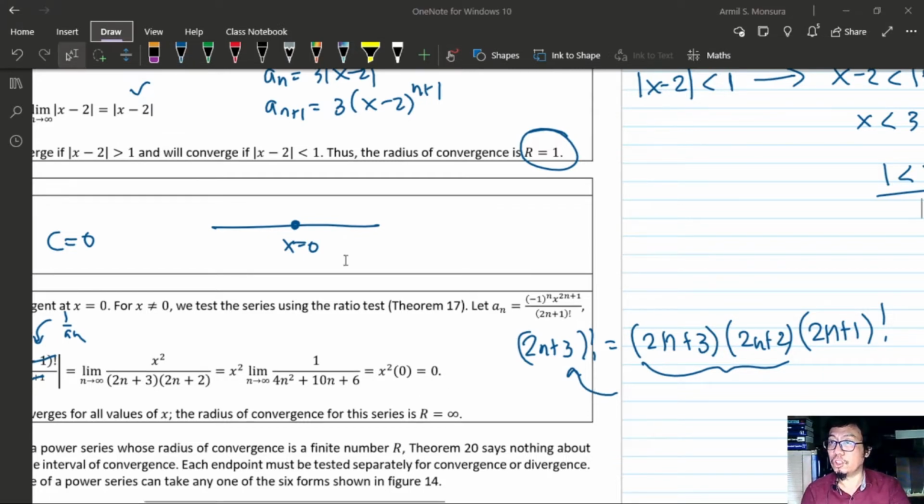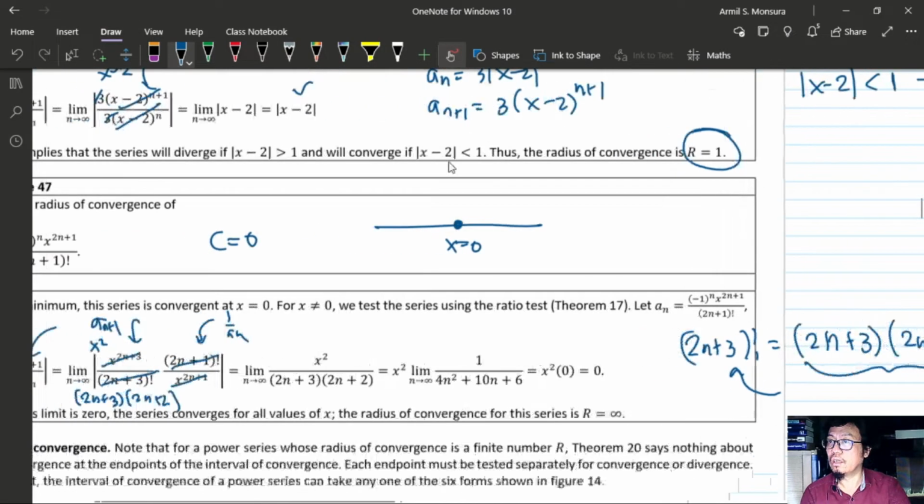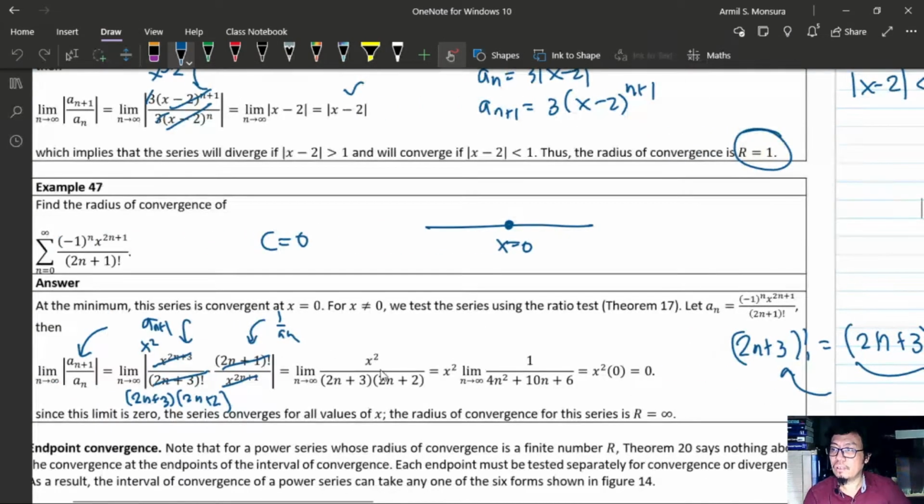Continuing, we would have x squared over (2n plus 3)(2n plus 2) here. This x squared is constant with respect to this limit because you're evaluating the limit in terms of n, so you can take it out and treat it as a constant. But this limit actually becomes 0.